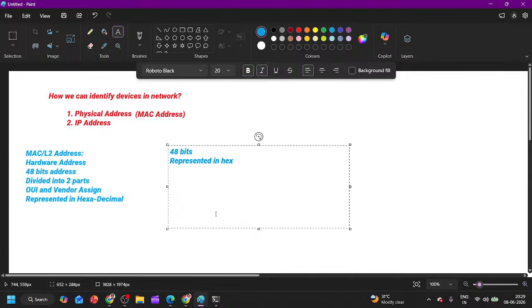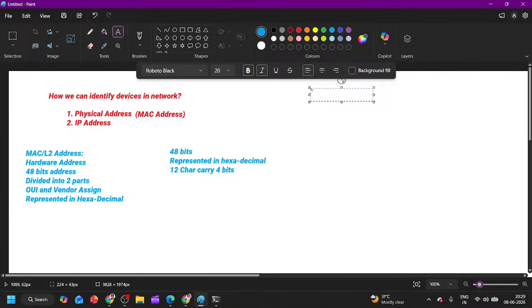12 characters, right? The reason: one hexadecimal character carries 4 bits, because in hexadecimal we have a total of 16 values, 0 to F. So with the help of 4 bits, we can represent 16 values. With 2 bits, you can only represent 4 values.